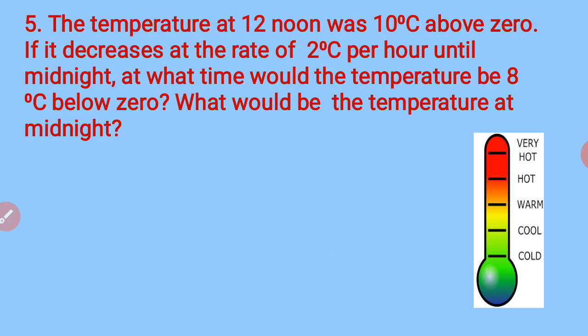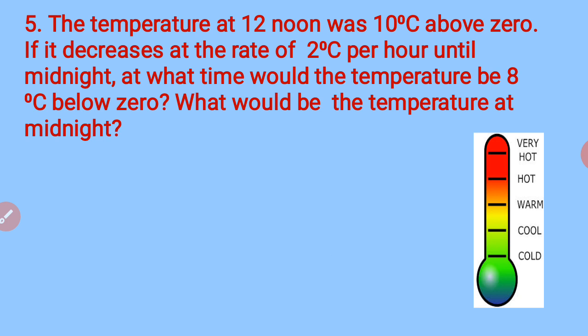So I'm telling you again and again, these are all real life situations which have ample application of mathematics in them. At what time would the temperature be 8 degree below zero? Below zero means minus 8.